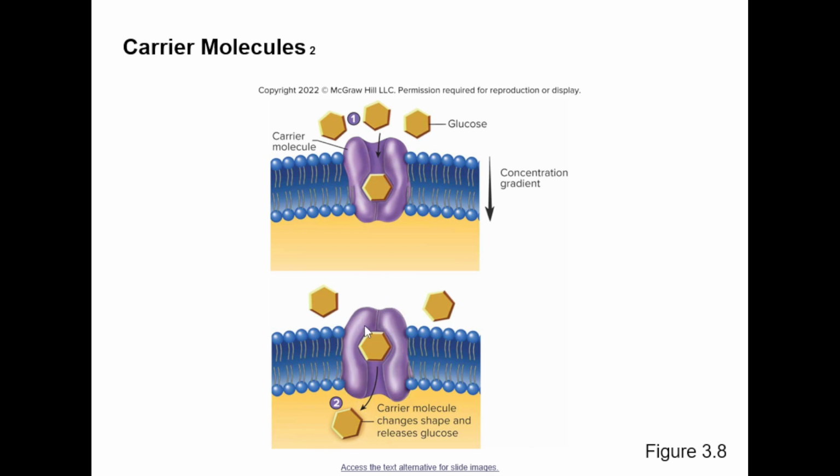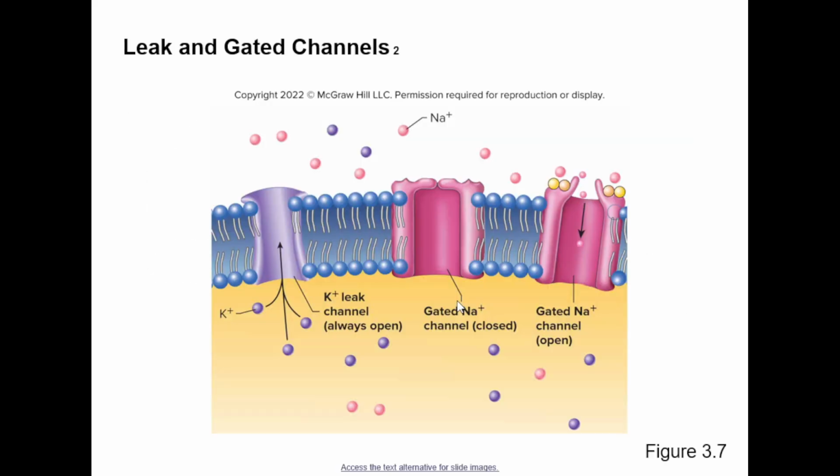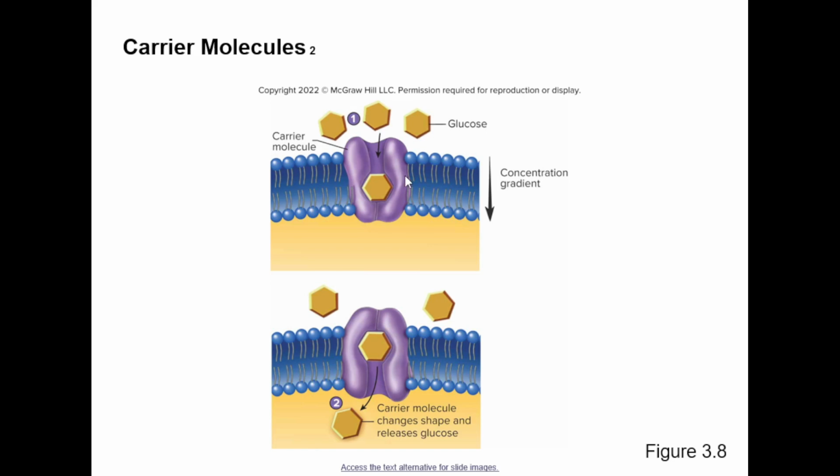The top part now becomes closed while the bottom part opens up. Okay? And it allows the substance through. This is different from your gated channels, because in gated channels, there is no change in shape. It simply opens and closes the gates. But in carrier molecules, it changes its appearance. Okay?